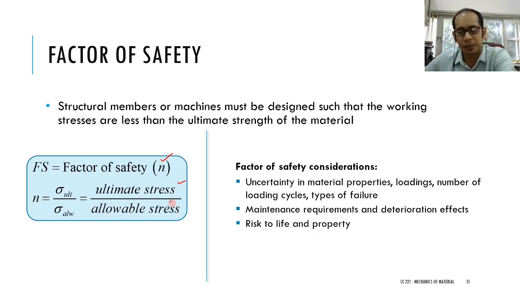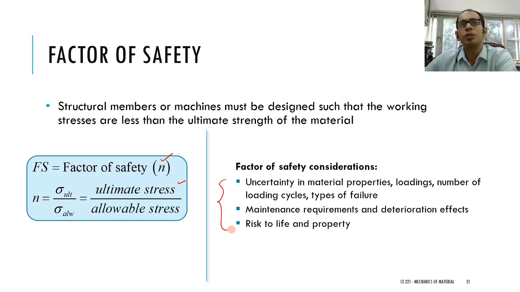And why do we need this? Now we need this not because we want to make uneconomic designs, but for several of these reasons listed over here, right? Suppose you are sometimes seeing very unprecedented loads which you have not designed your structure for. For example, a once in a lifetime flood event occurs, or once in a lifetime a very strong earthquake occurs, which you have probably not designed your structure for, right?